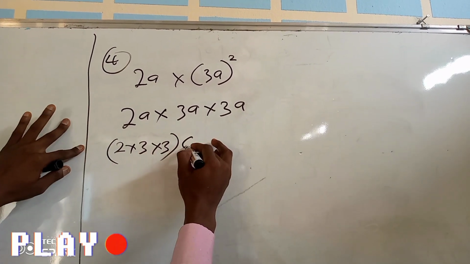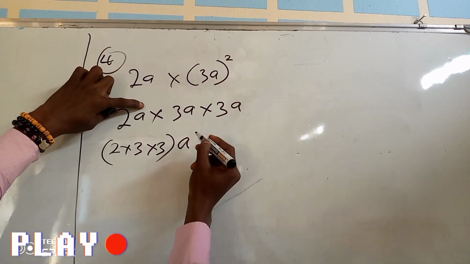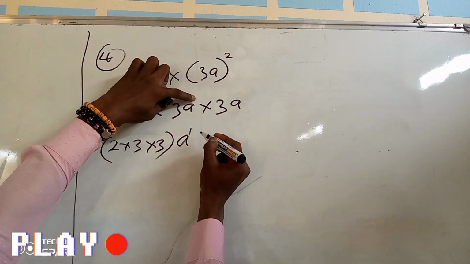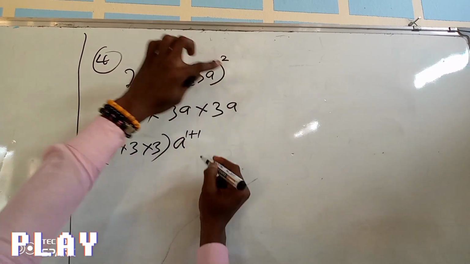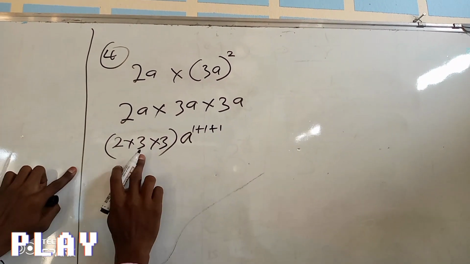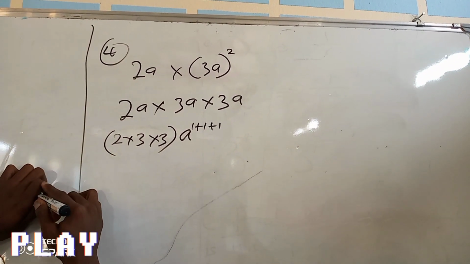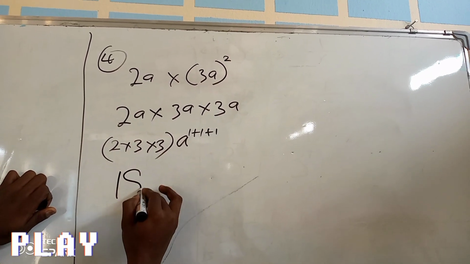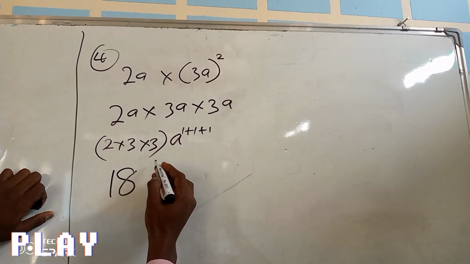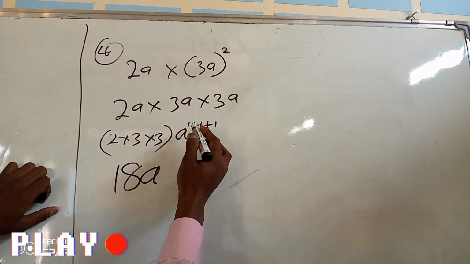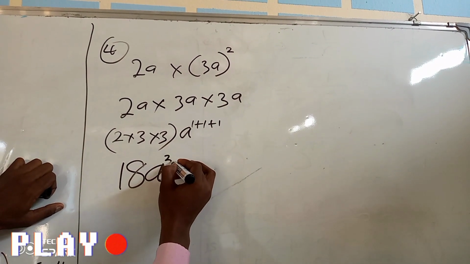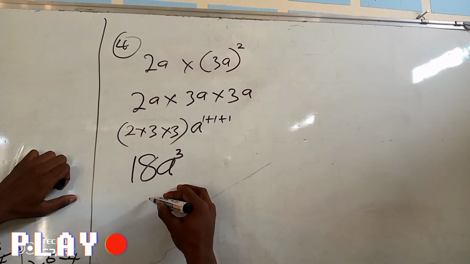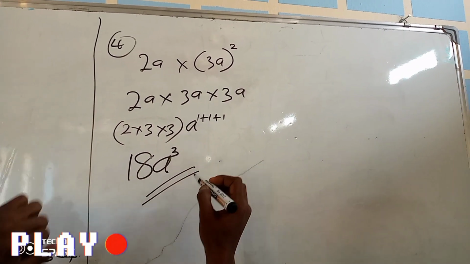Then for a, there's 1 here, there's another 1 here, plus 1. 2 times 3 is 6, and 6 times 3 is 18. So now I have 18, and a to the power 1 plus 1 plus 1, that is 3. So the answer is 18a to the power 3.